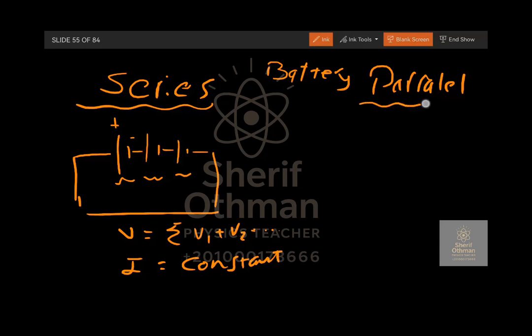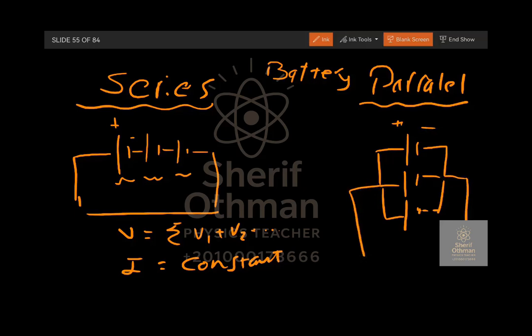While parallel connection aims to increase the current intensity while keeping the voltage the same. Here is the parallel connection. I connected all the positive poles together, and all the negative poles together, then inserted them into the circuit.